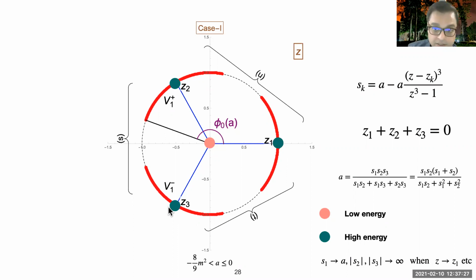It's important to note that the Regge limit translates to taking, in the fixed T language, S2 to A and the modulus of S1 and S3 to infinity. Okay. You can just do this in your head if you want.